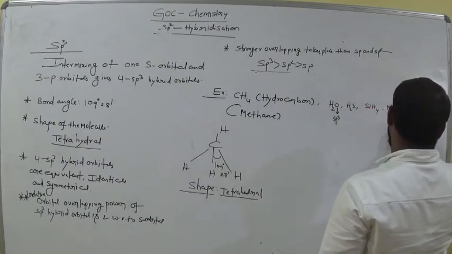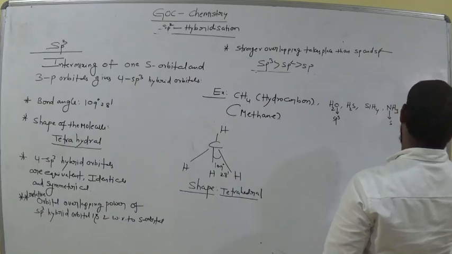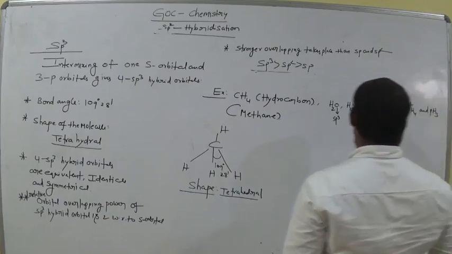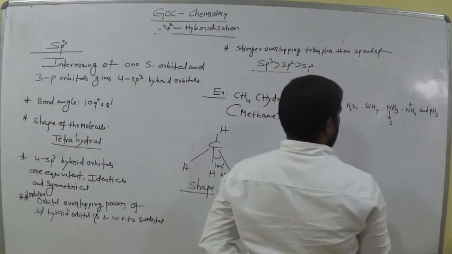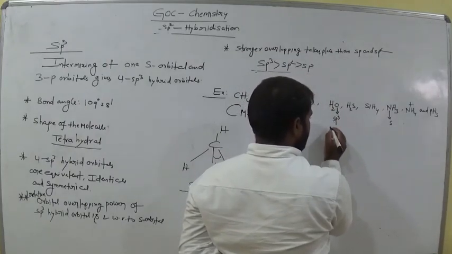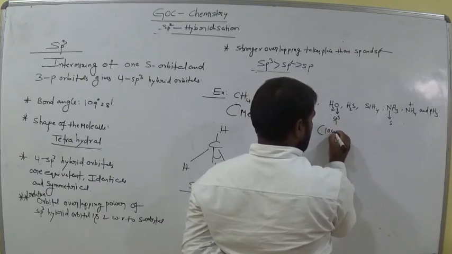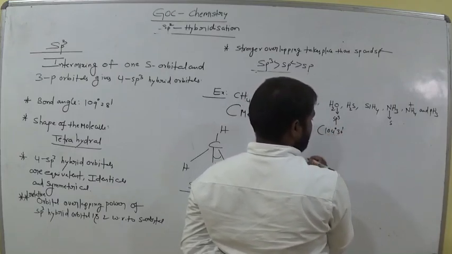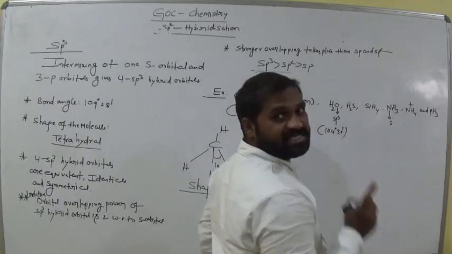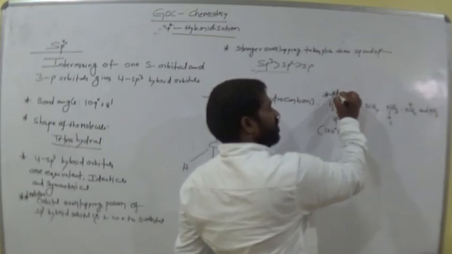One more example: NH4 plus, and PH3 phosphine. These are all examples for sp3. The bond angle in water is 104 degrees 30 minutes; the actual 109 degrees decreases. Remember this. We will discuss it in the chemical bonding topic.